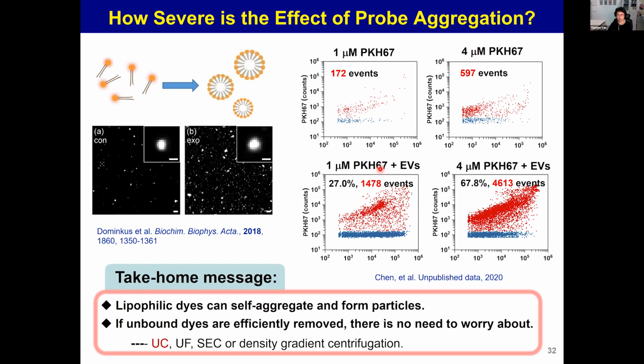Actually, the particle number arising from the aggregated dye molecules is much smaller than the number in the reagent control, because a lot of the dye would bind with EVs. So if the unbound dye is washed away, we normally don't need to worry about the aggregation effect.